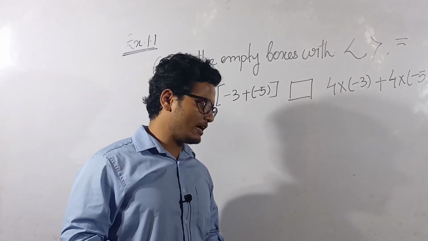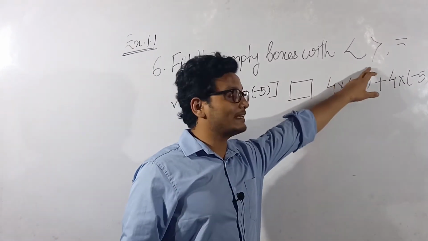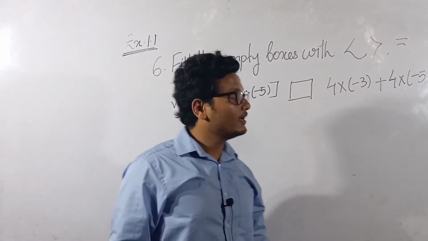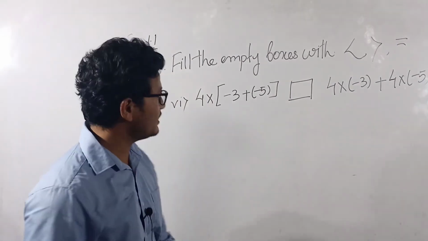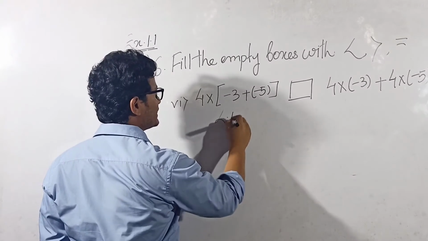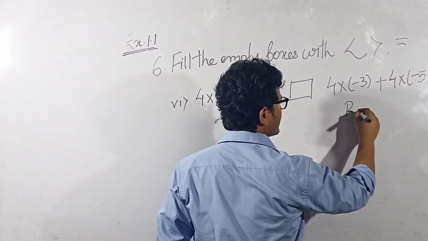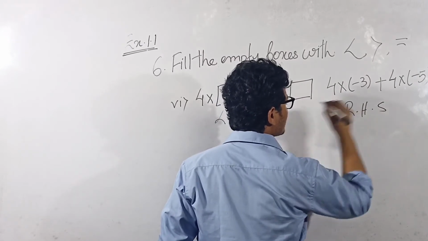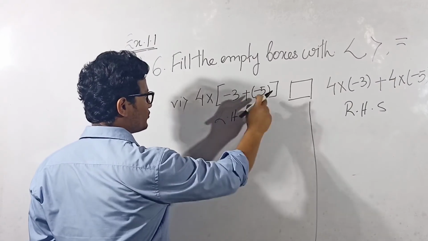In question number 6, you have to put the less than, greater than or equal to sign. Okay, now first of all I will solve question number 6. Here students, this is LHS, that means left hand side, and this is RHS. Okay, see, let me first solve this part.